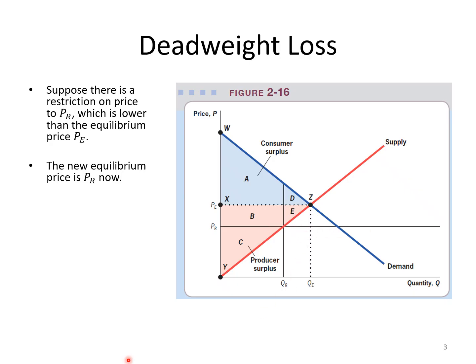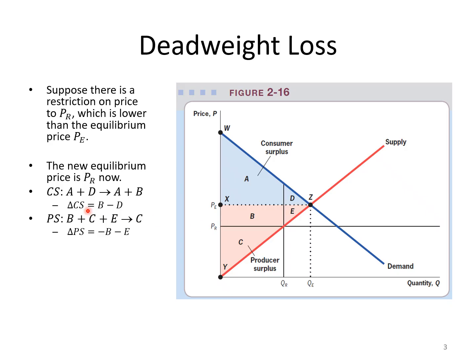Well, what does this also mean in terms of consumer and producer surplus? The consumer surplus originally was this whole blue area that included A and D. But now, with this reduced price, it goes from A and D to A and B, but we do lose D here.